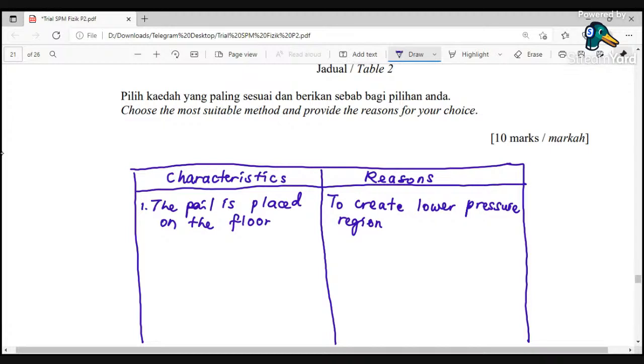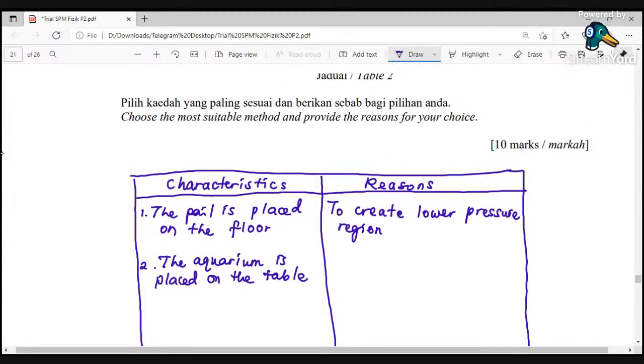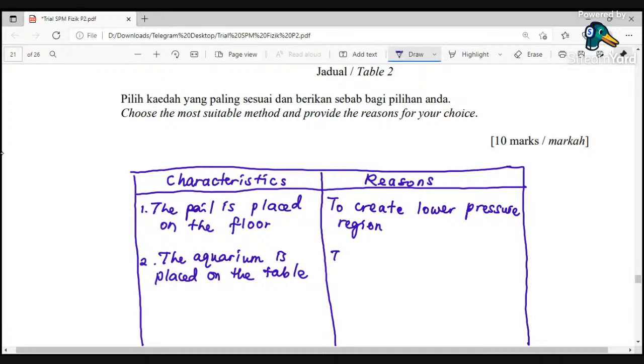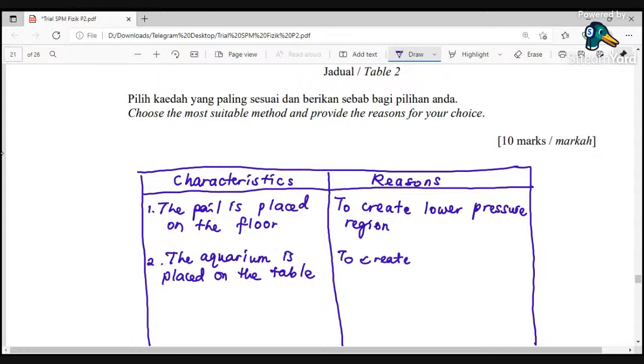Okay, number two, second characteristic is position of aquarium. The aquarium is placed on the table. Okay, this one to create higher pressure region.